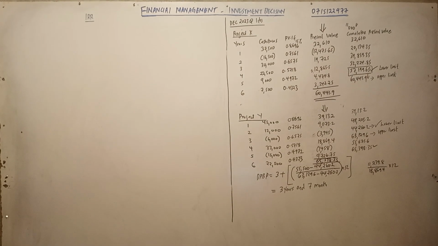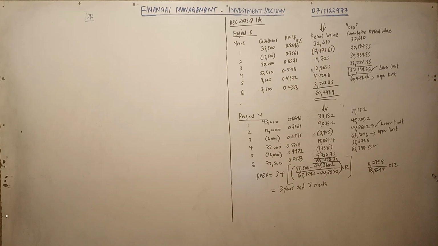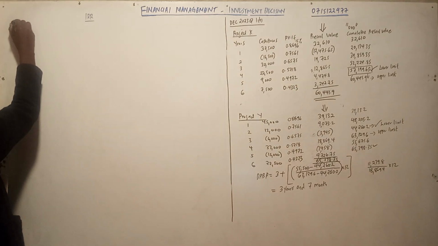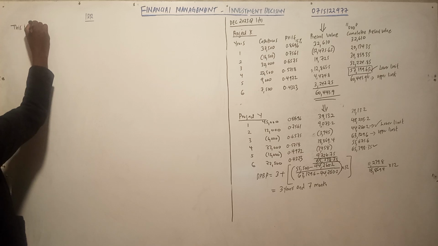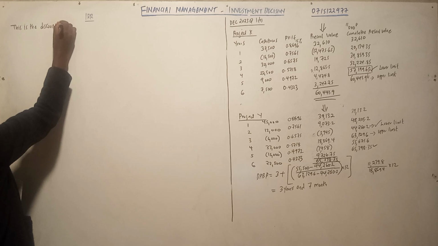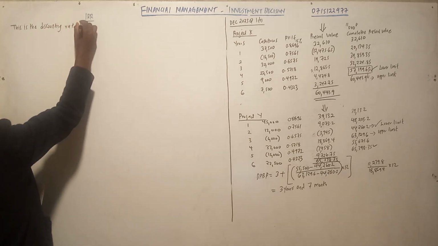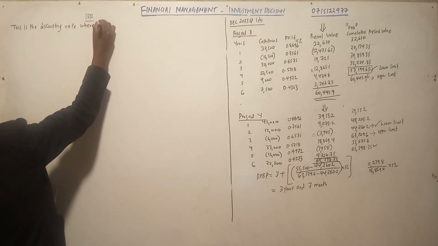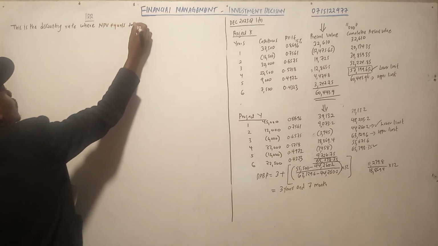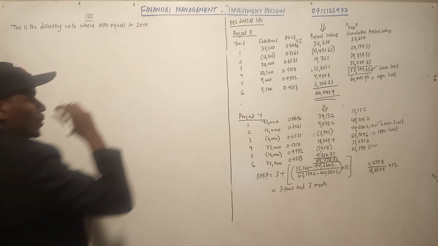Let us define it first, and we say this is the discounting rate where NPV equals 0. This is the discounting rate where net present value equals 0.